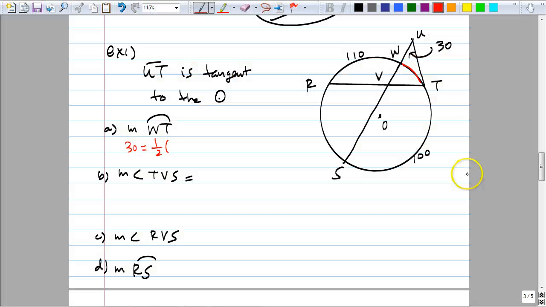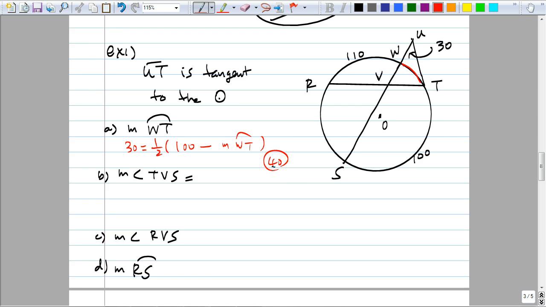So 30 is equal to half of what? What are the intercepted arcs? 100 minus what? The measure of WT. Correct? Class, what do we get when we do this? 40. Any question? Comes out to 40, doesn't it, Josh?